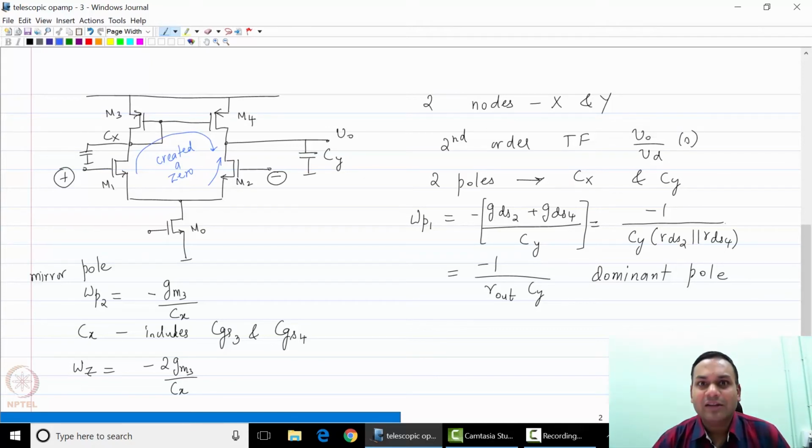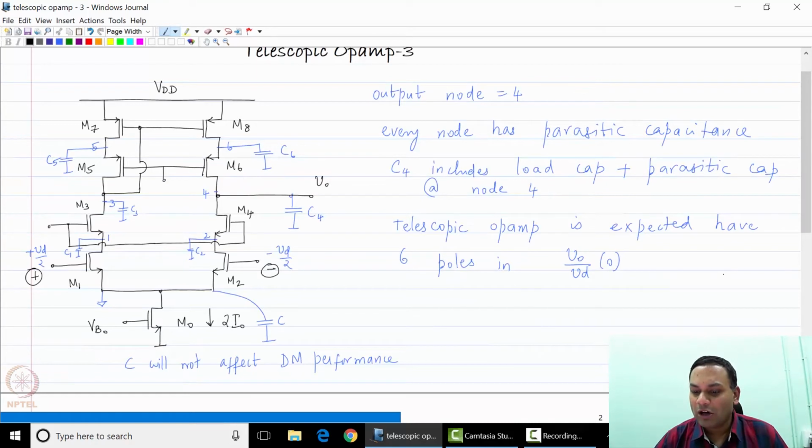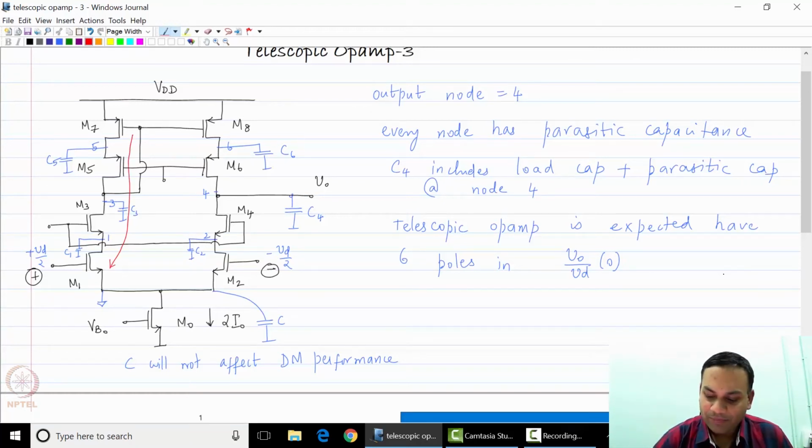Now let us go back to the telescopic op-amp and see if all of these things are possible. If you look at the telescopic op-amp, you will find that many of these things are definitely possible even in the telescopic op-amp. The first thing, we have identified that there are 6 poles in the transfer function. Let us find out if there are zeros. As you can see, the path to the output from the signal current from M1 takes the following paths.